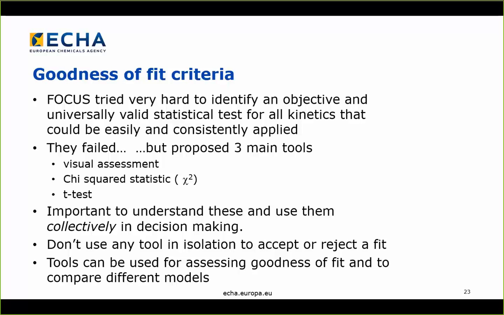So when you've fitted just one of those kinetic models to your data, you can use these tools. And you can also use them to compare the goodness of fit of two different models. Sometimes you run two different models and you want to use the tools to compare between them. In this part of the presentation, we'll take you through each of those three main tools in turn.